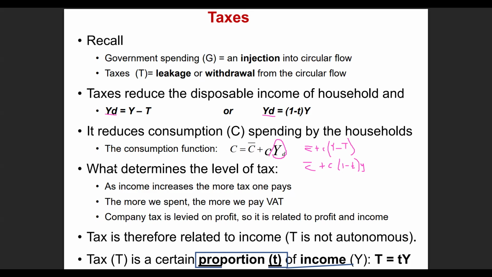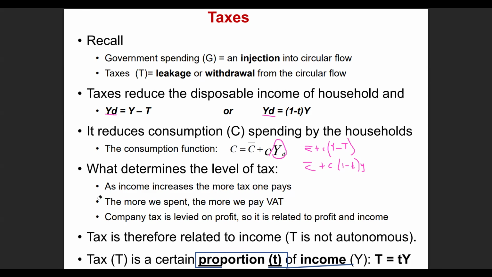And then they ask, what determines the level of tax? The level of taxation is determined by income, because as your income increases, the more tax one pays. In South Africa, we adopted the progressive tax system, whereby the higher you earn, the higher you pay.